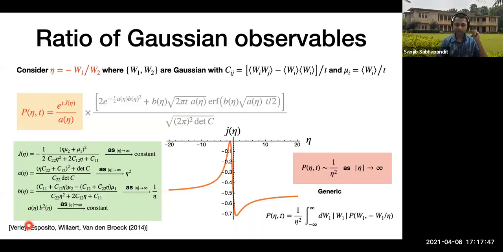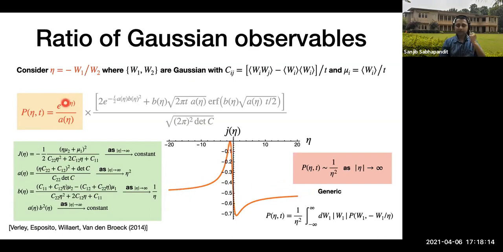And what these people have found is that if we take a general Gaussian distribution, and you look at this observable, minus W1 by W2, this sign doesn't matter, it's just a convention. You see that it has this form where eta follows something like J of eta. And then it becomes a constant.